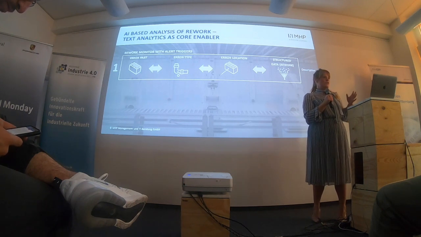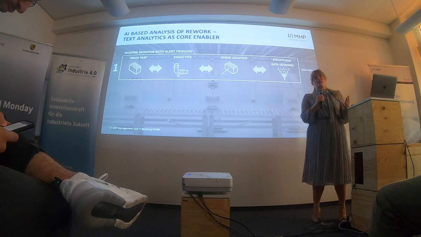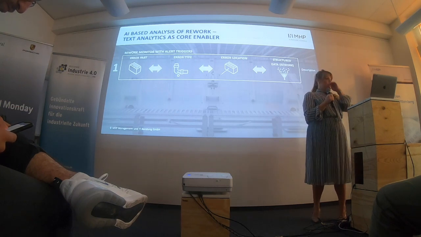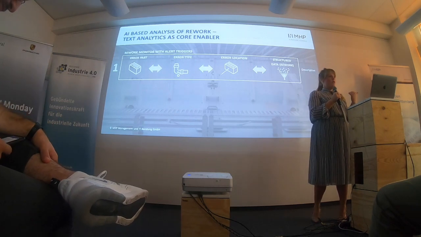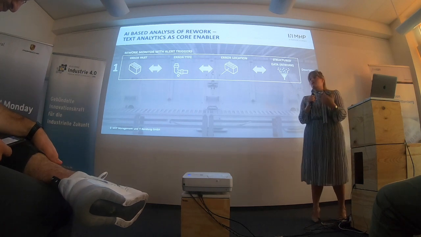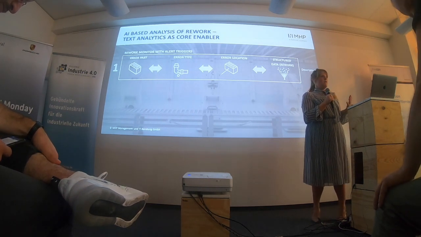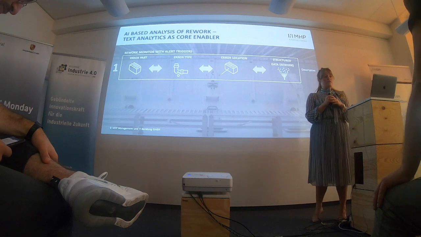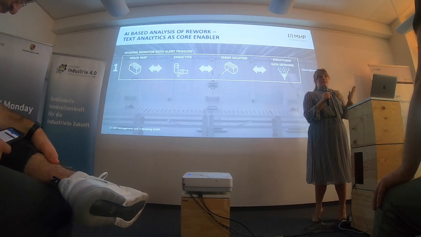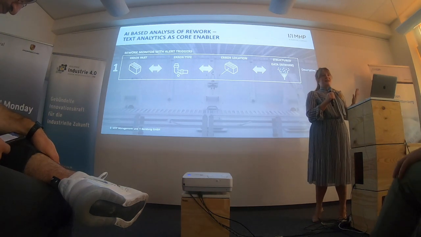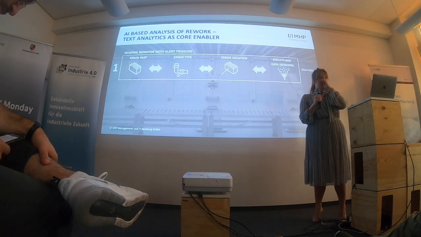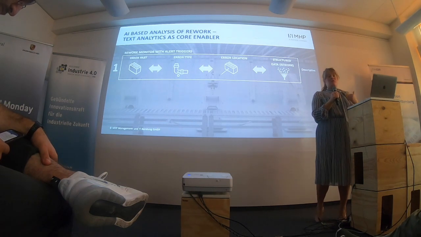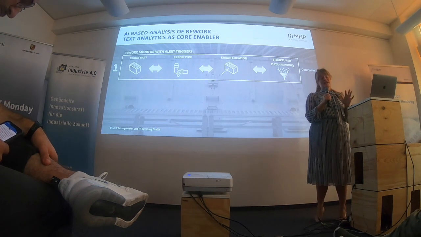For example, they can check how many and what kind of problems I have with the chassis, or the other way around, on which kind of parts I have scratches. So something which was not possible before, or not doable in an adequate way, is now possible in minutes.